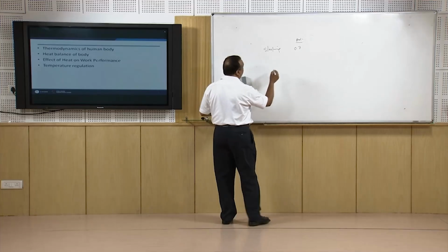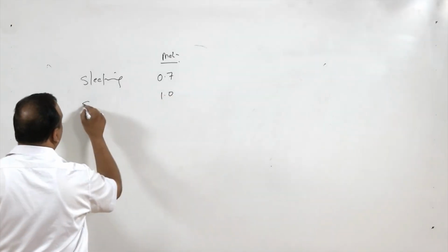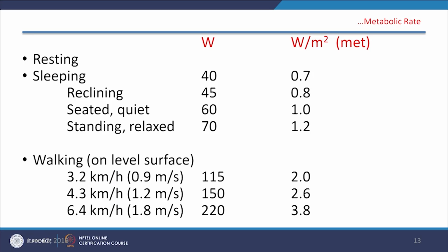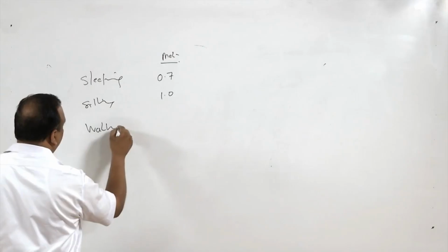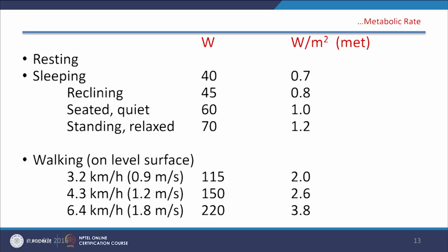Suppose you are sitting, it is 1 met. And when you are walking, it is 2 met, and it can go up to 3.8 met, depending upon the speed of the walk. If it is a brisk walk, it can go up to 3.8 or approximately 4 met. So 4 times energy will be released even if you are walking fast.